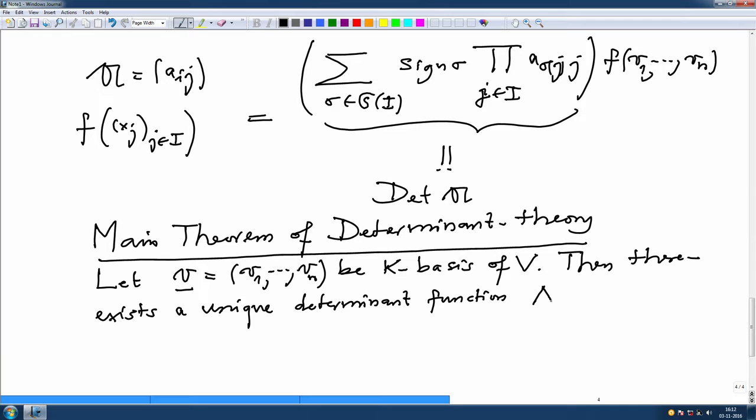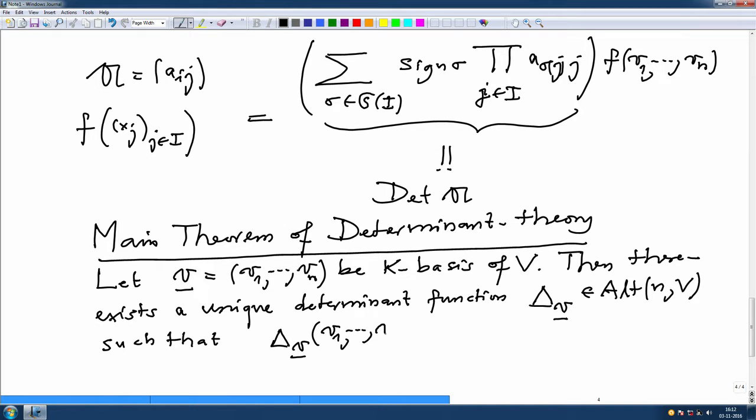I will denote it by delta V, since this will depend on the basis V. So delta V is the determinant function, meaning it is an element in Alt^n(V), such that delta V evaluated at this basis vector V1 to Vn is 1. Unique is very important.